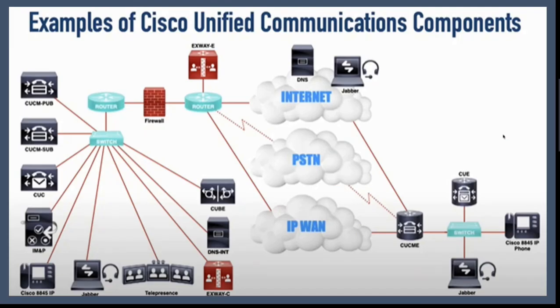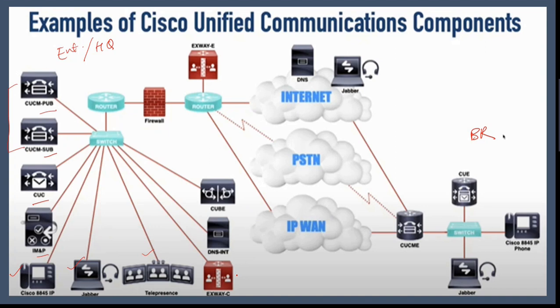Here is another example of Cisco Unified Communications components. Let's say we have an enterprise headquarters, and this is a branch. In the headquarters, we have a cluster of CUCM, with CUCM publisher and subscriber, Unity Connection, and IM and Presence server. We have endpoint devices, different series like the Cisco 8000 series, Jabber client, and TelePresence endpoints.